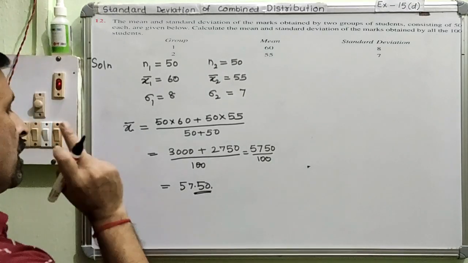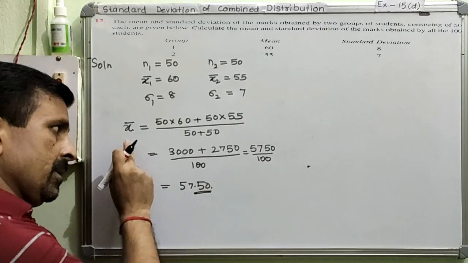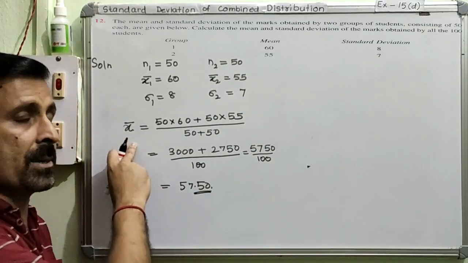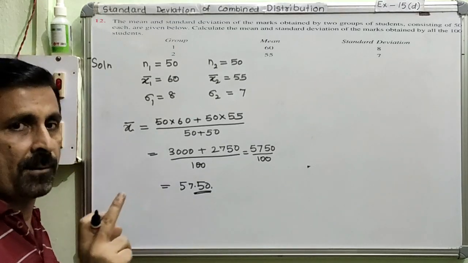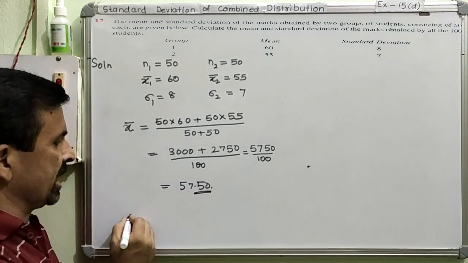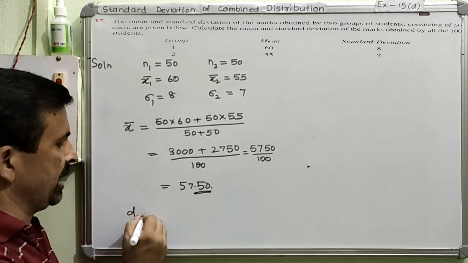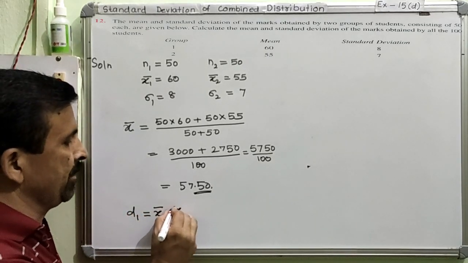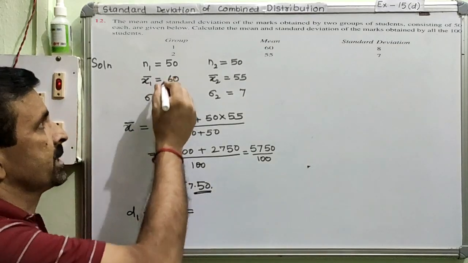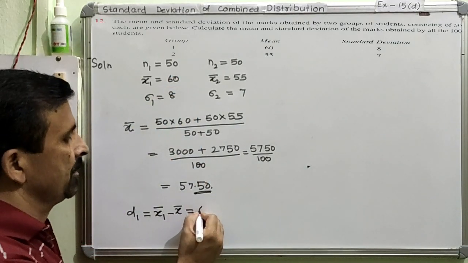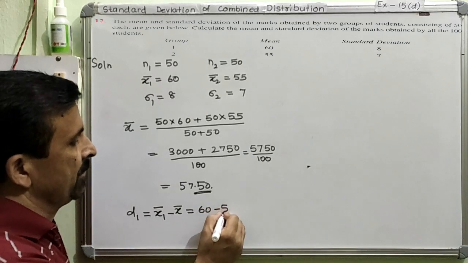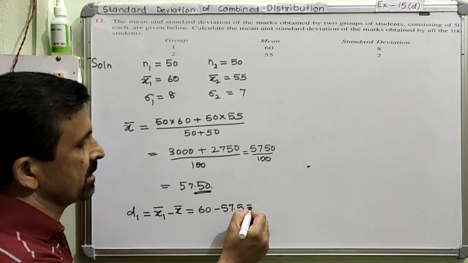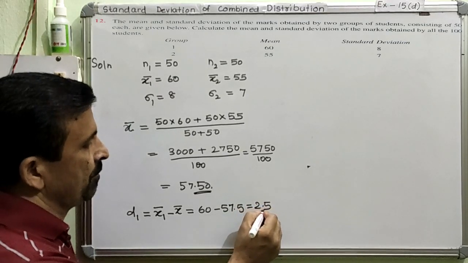Now we have to find out the standard deviation. The purpose is to calculate the value of deviation from the mean. So let us calculate d1. d1 is x1 mean minus the combined mean, that is 60 minus 57.5, that is 2.5.